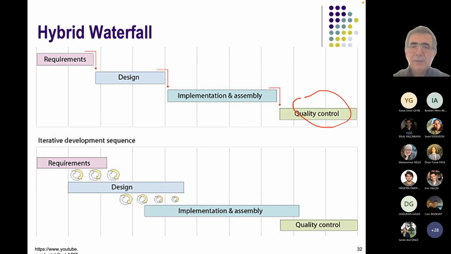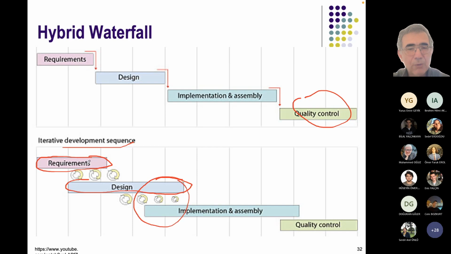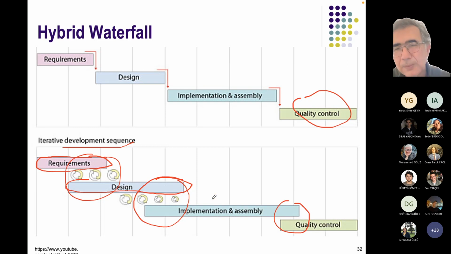To prevent that, we have the iterative waterfall, iterative development sequence. So requirements are a little bit connected with the design, a little bit connected with the next phase, so they are overlapping. Overlapping is good. These overlaps and iterations allow us to reach better results.